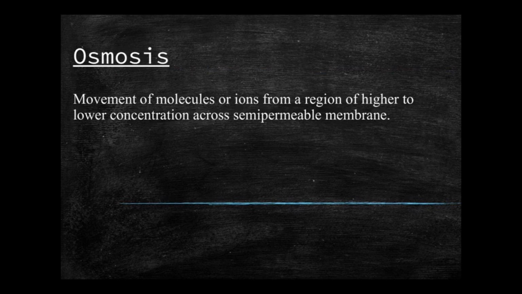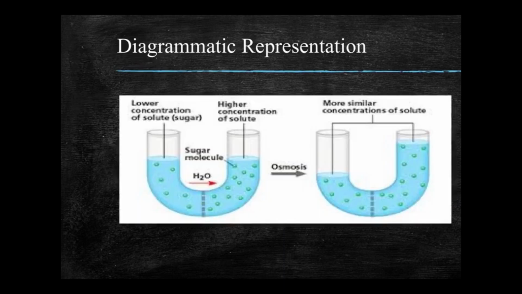This is the diagrammatic representation of osmosis. Here you can see there is a lower concentration of solute, that is sugar, and there is a higher concentration of solute on the other side. From here, the water will move to that portion. This structure is representing the semi-permeable membrane.